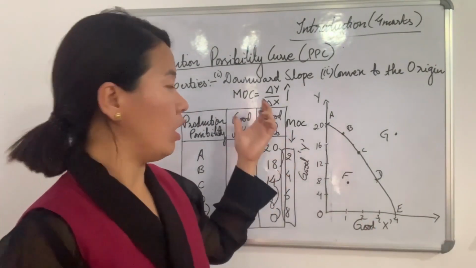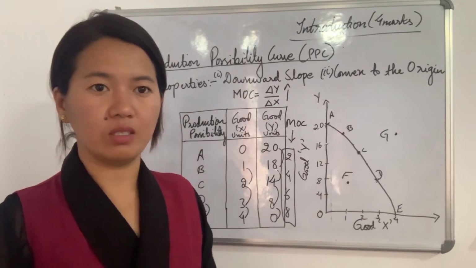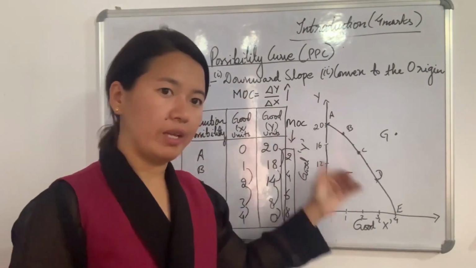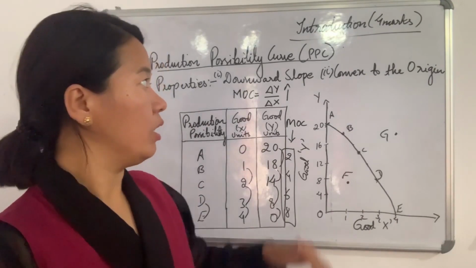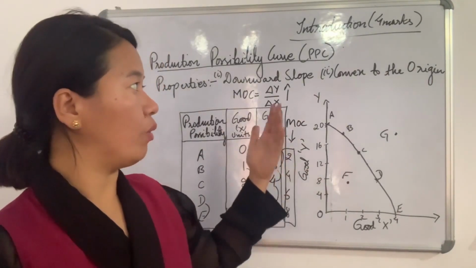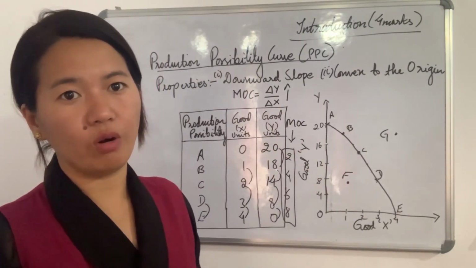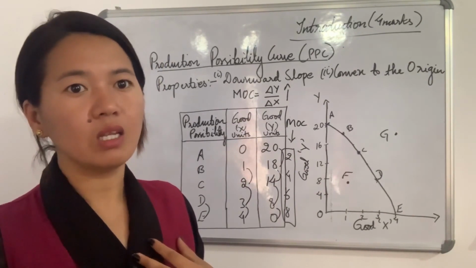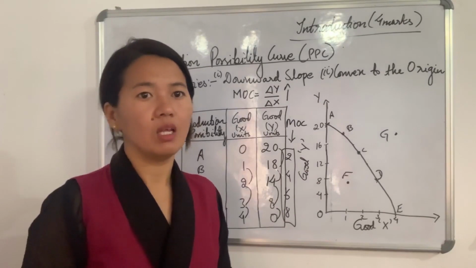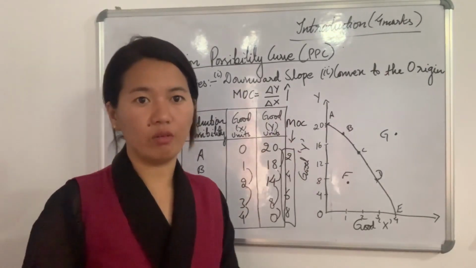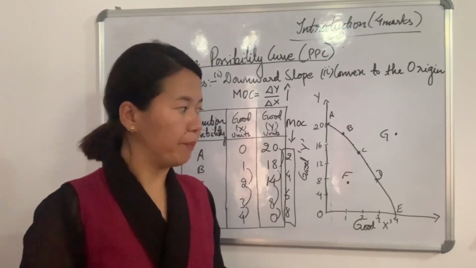And when our MOC is constant, we get a straight line production possibility curve. But in reality, our PPC is convex to the origin. Since we have limited resources, we have to sacrifice more and more of one good to produce another. Therefore, we have a convex to the origin PPC shape.